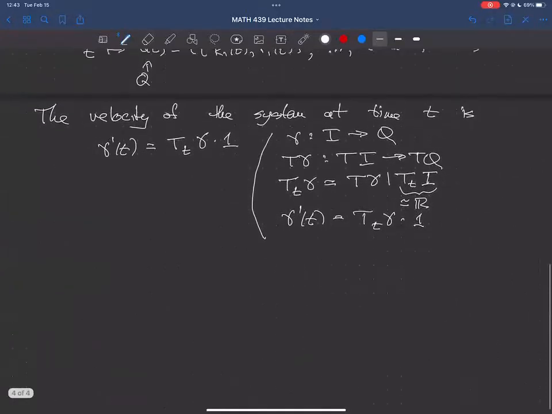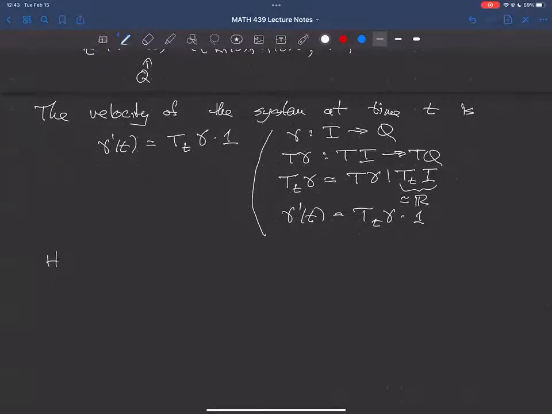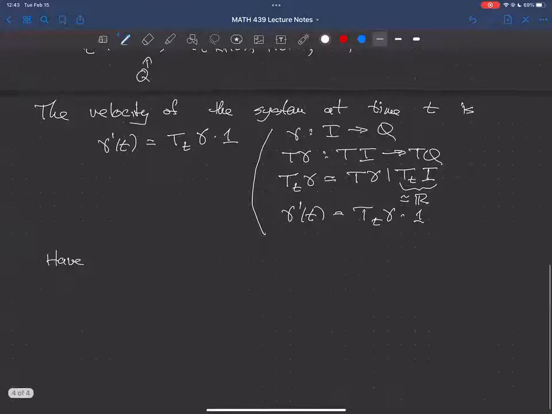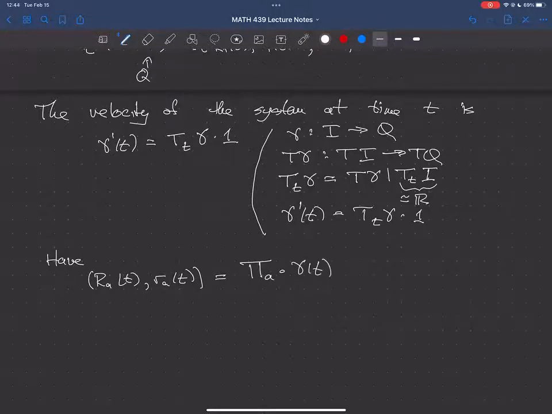Okay, all right, so now we have that little r_a of t is equal to pi_a at gamma of t, right?